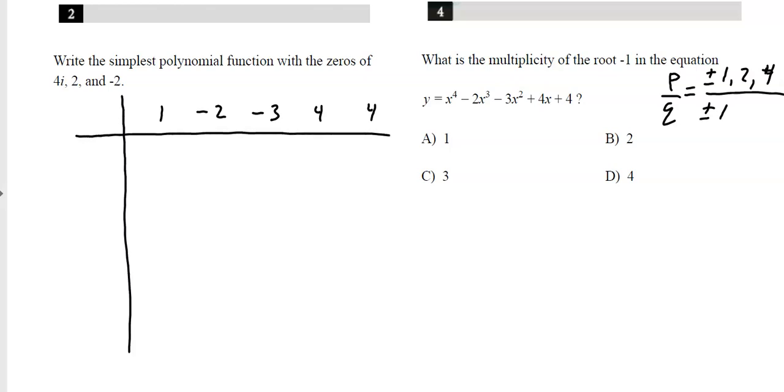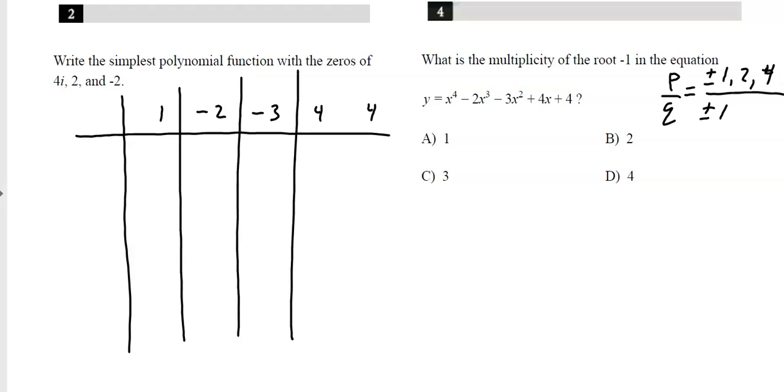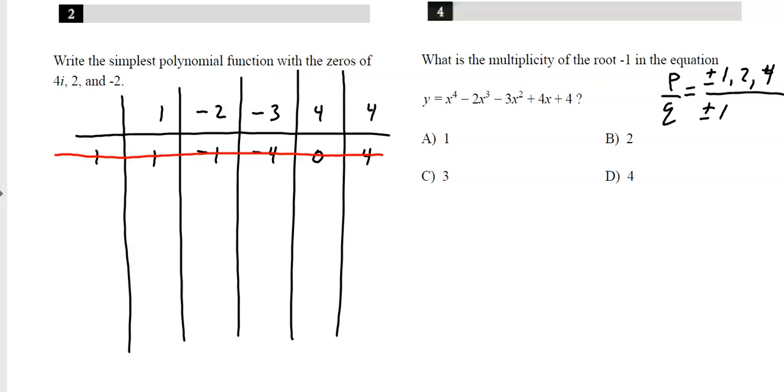And we're going to run a little table here and see what happens. Probably could have graphed it to get my start quicker, but I'm this far, so let's keep going. 1 times 1 is 1. Added, I get -1. -1 added, I get -4. 1 times -4 added, I get 0. 1 times 0 added. So 1's not a factor. So can't use 1. Let's try -1.